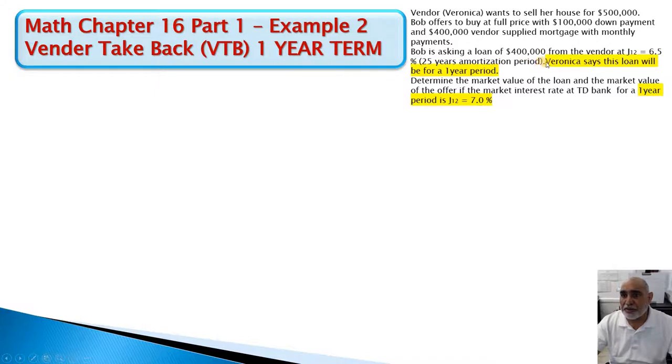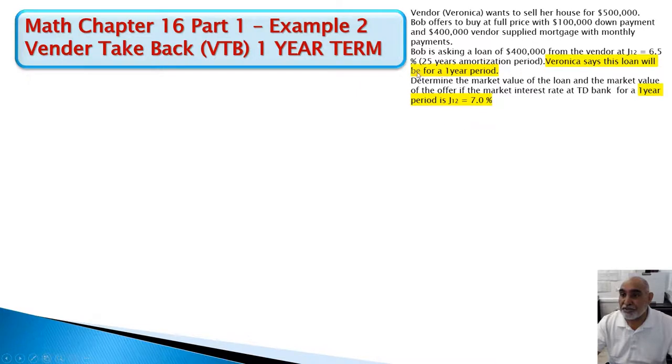But either Veronica or Bob says, okay, everything's okay, but it's going to be a 1-year term. This loan is going to have a term of 1 year. And we are told in the second paragraph that loans with 1-year terms are around 7%, the market rate for these kinds of loans.